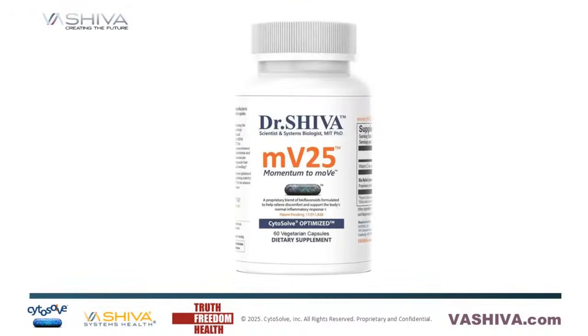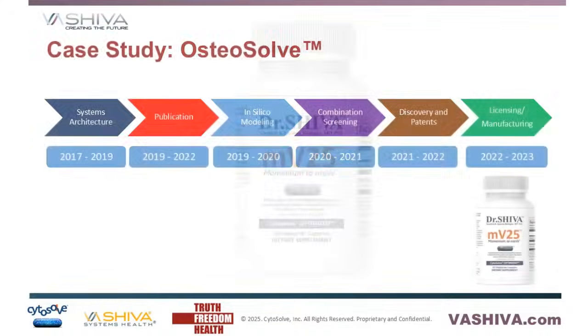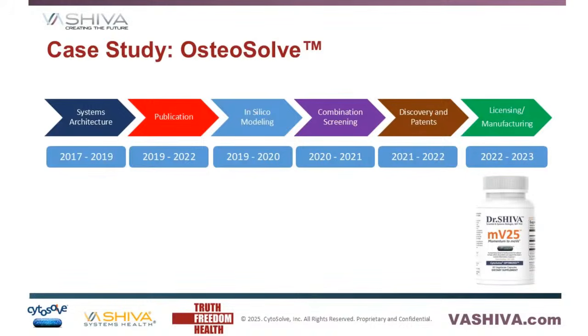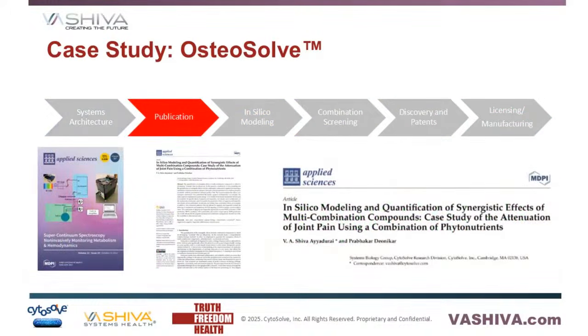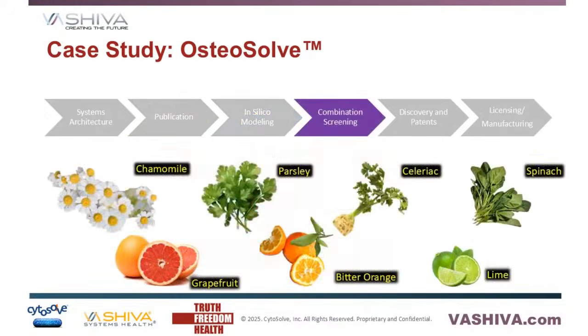One of the products where we've gone through this whole process is MV25. We built the systems architecture, then we published, then we did the modeling, the combination screening, and the discovery. First we modeled all the molecular pathways of osteoarthritis, a disease that affects nearly 500 million people, but we did this with Cytosolve with, frankly, no funding.